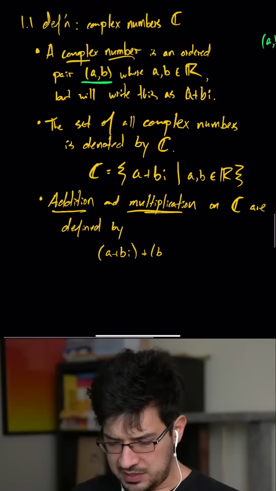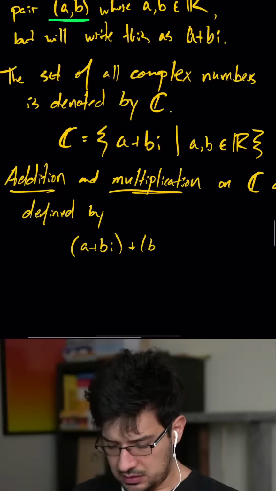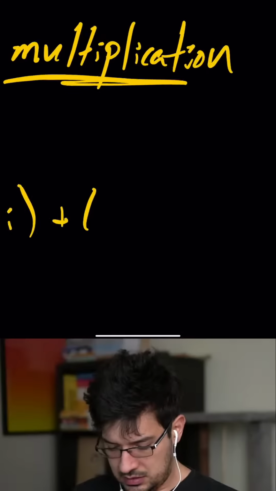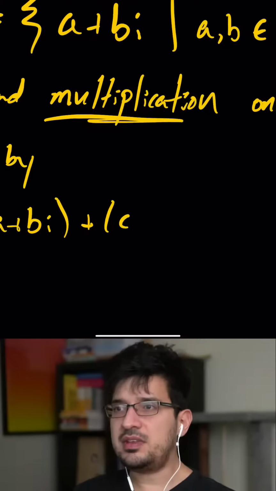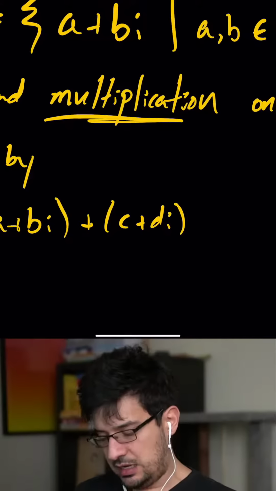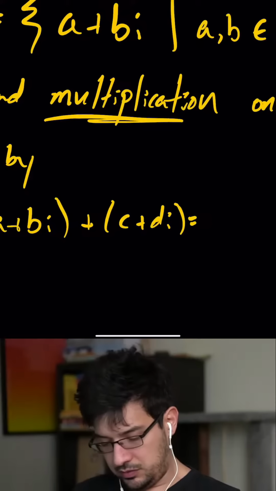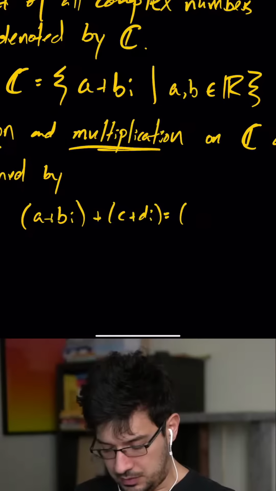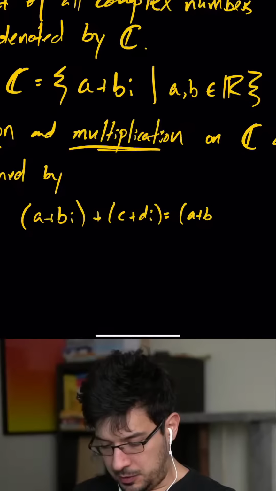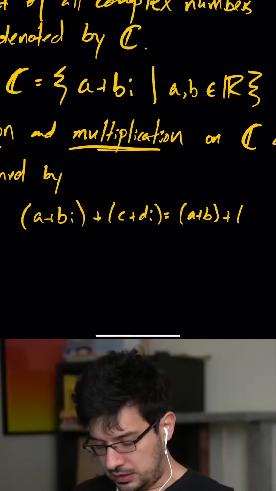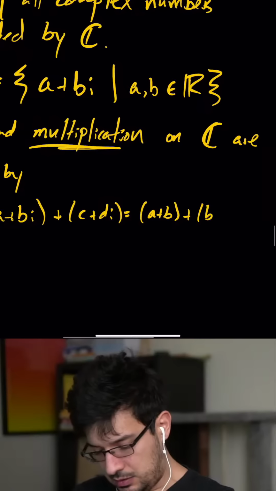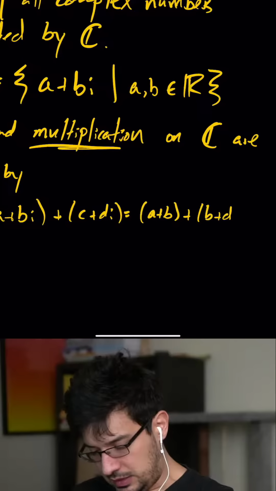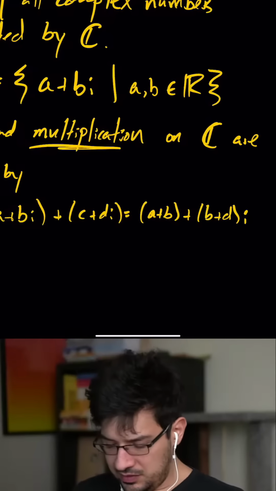He's using a, b, c, d, isn't he? Oh, yeah, that's good. Equals, so we add elements coordinate-wise. The real parts add together and the imaginary parts add together: (a + c) + (b + d)i.